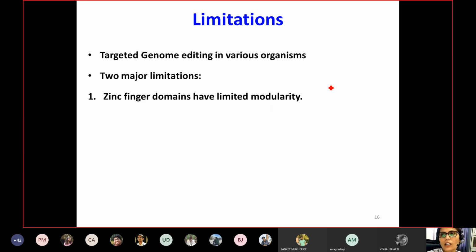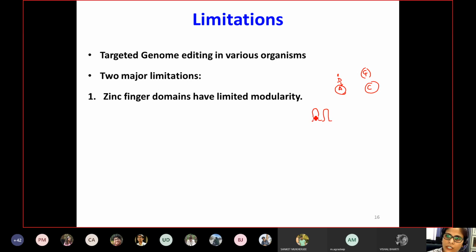That means, if you remember the experiment which I showed you, at position number 2 if you replace D with A, this kind of mutation at position number 2 precludes having some kind of binding site either to G or to C, something like this. So that means you cannot actually create one independent finger and a second independent finger.